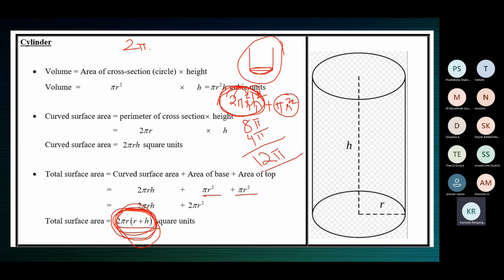Otherwise surface area means only once, either outside or inside. You shouldn't find it 2 times. So the curved surface area, which is 2 pi r h, plus the area of the base, which is pi r squared. This is the expression you would use to find the total surface area of a cylindrical glass tumbler.